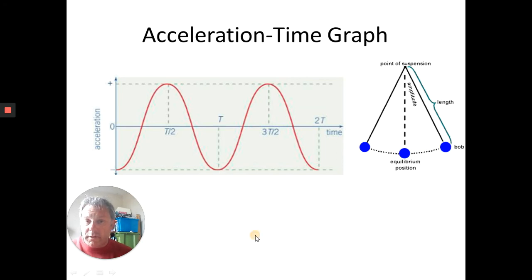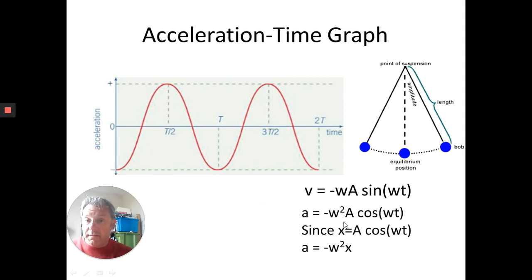But again, if you took your velocity equation and differentiate, because remember, this is the gradient of your velocity time graph, you get acceleration equal to minus omega squared a cos omega t. And since x equaled a cos omega t, the acceleration therefore is minus omega squared x.